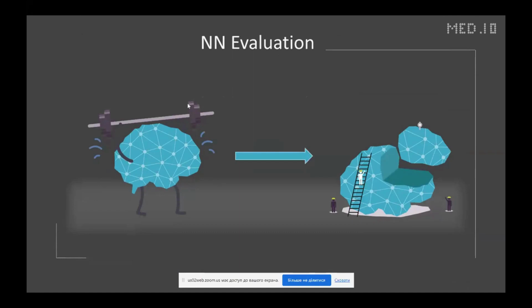This process includes the following stages: model initialization, training, prediction, and evaluation of the results.